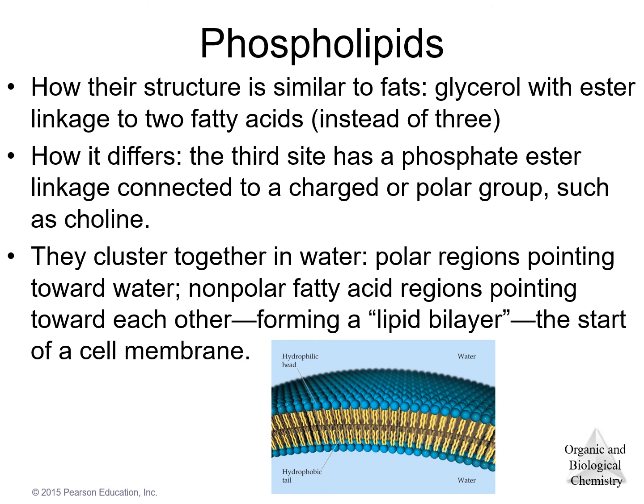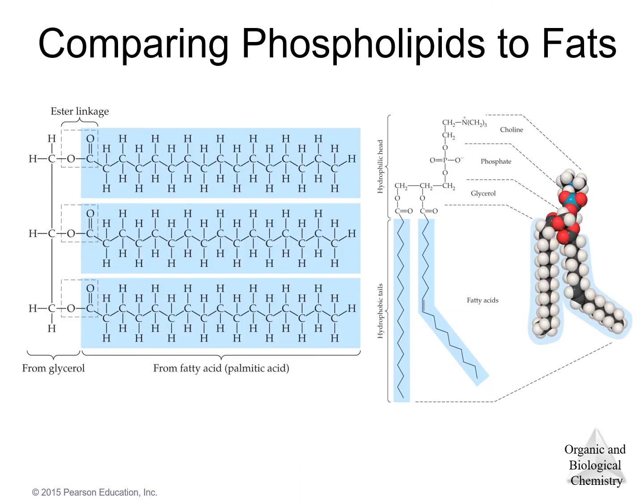The polar regions point toward the water. They can form what we call a lipid bilayer, and the lipid bilayer is the start of the cell membrane. And then this is just a comparison of phospholipids to fats.